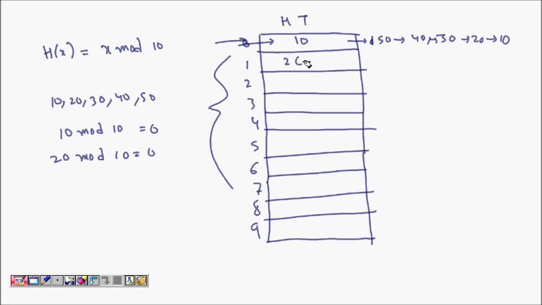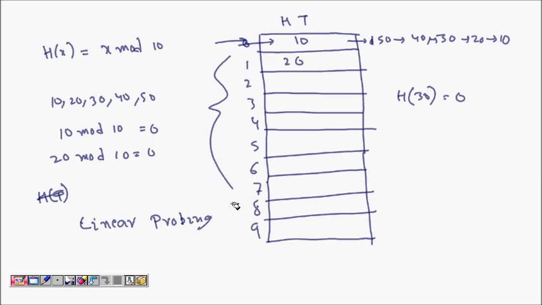Then again, when I try to find h of 30, it comes out to be 0. I want to insert it at 0, but it's already filled. So I go to the next place, which is 1, the hash table at 1, which is also filled, so I go to the next place. This is known as linear probing. We are basically probing.